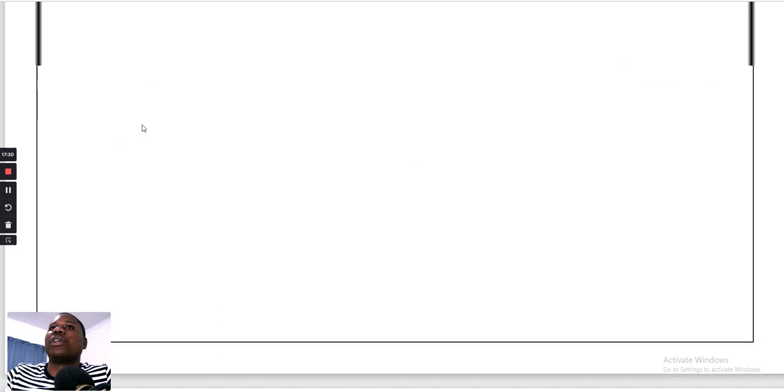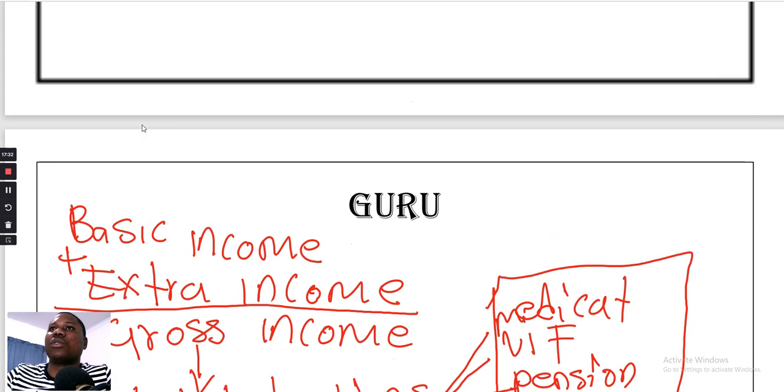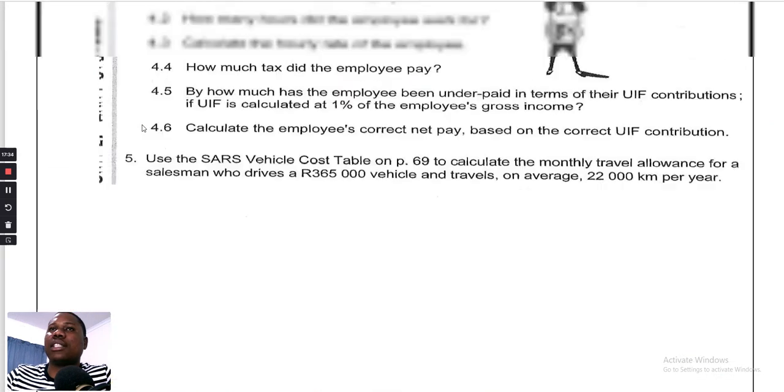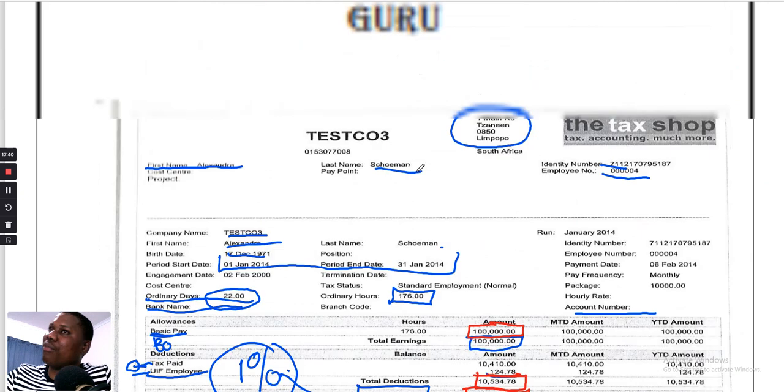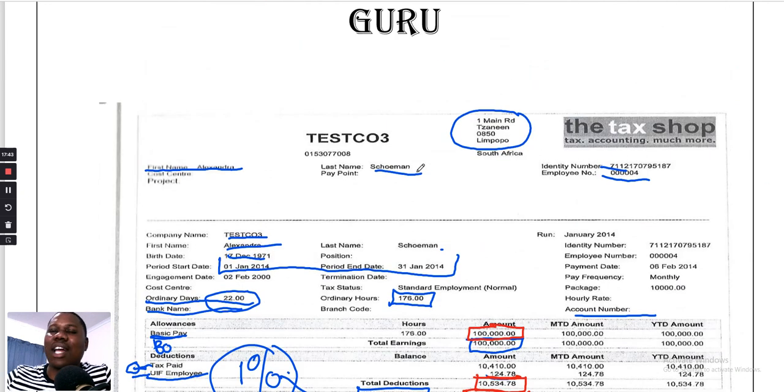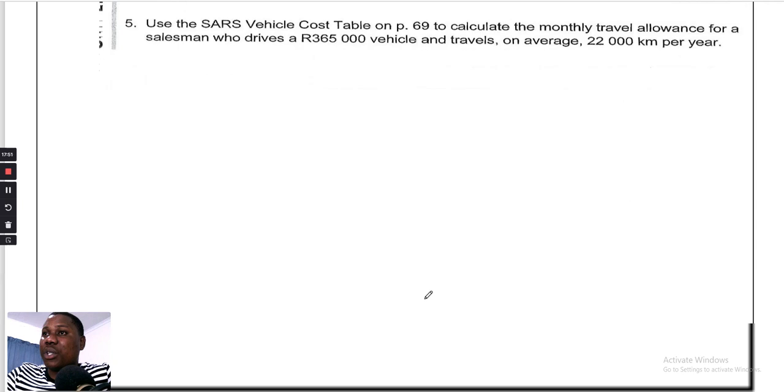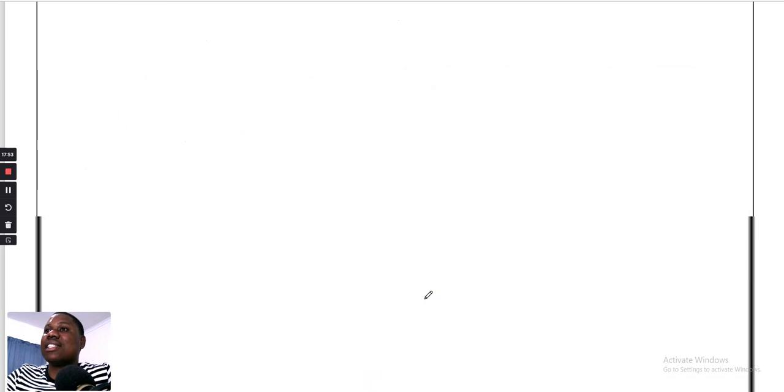Okay, then let's write 4.2. Let's go to 4.2 and then check the question. They are saying, how many hours did the employee work for? Ordinary hours. So there were no overtime and stuff. So this employee worked for 176 hours.